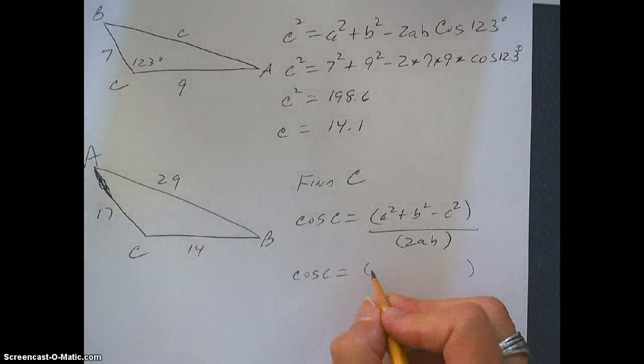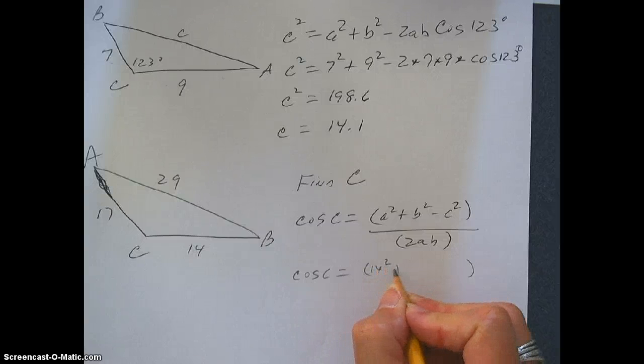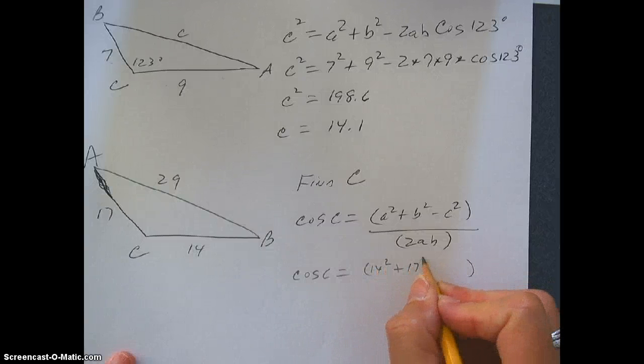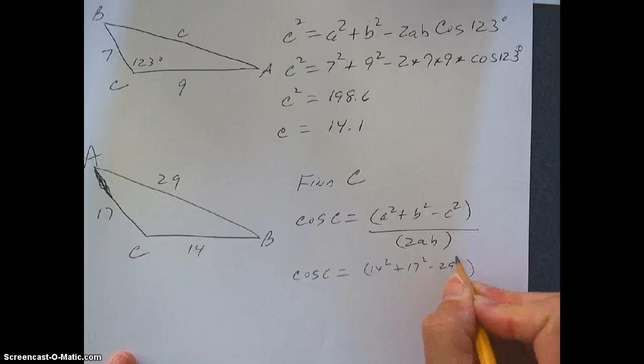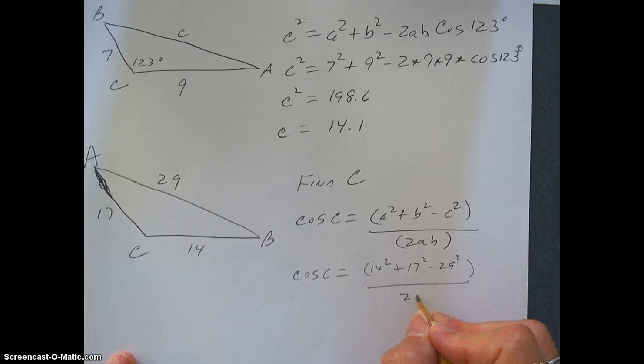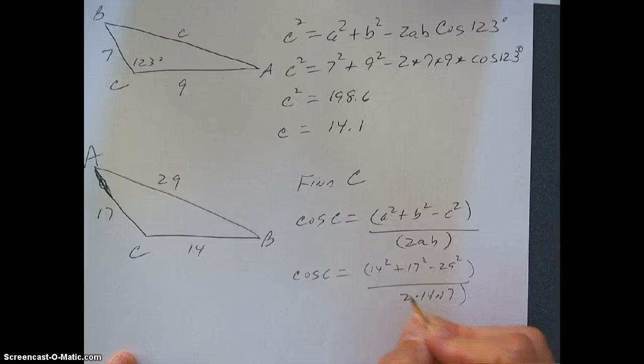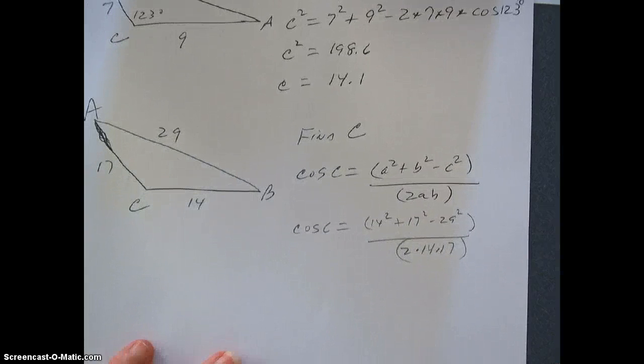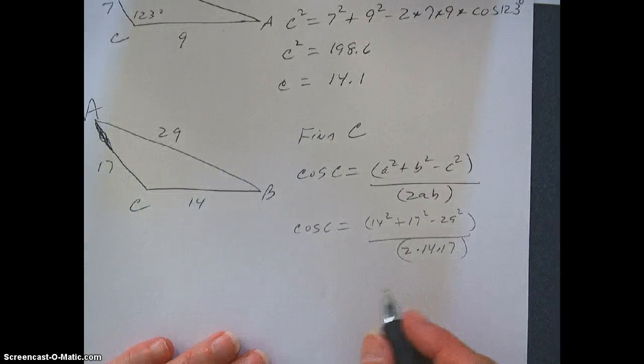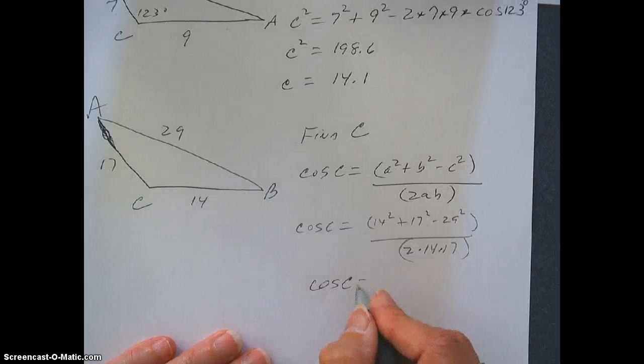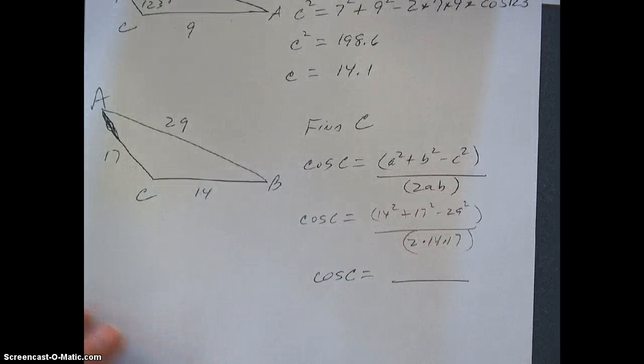So a squared is 14, b is 17, minus 29 squared, all over 2 times 14 times 17. Make sure you punch these in with parentheses, and we'll have to remember that this is what the cosine of C is.